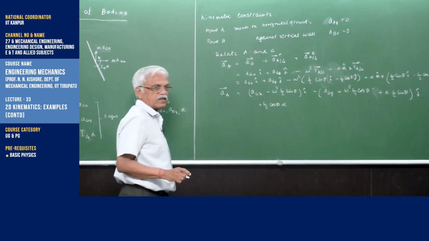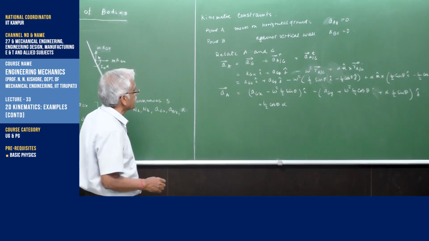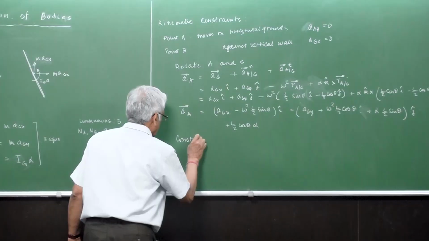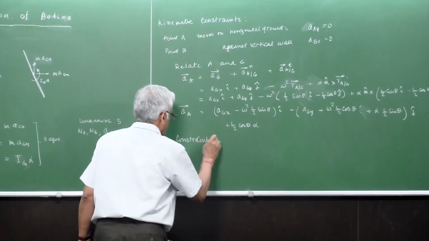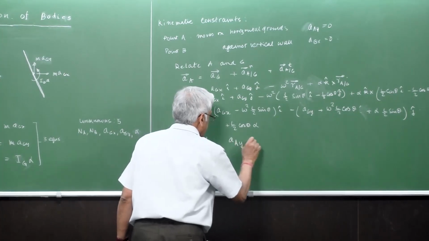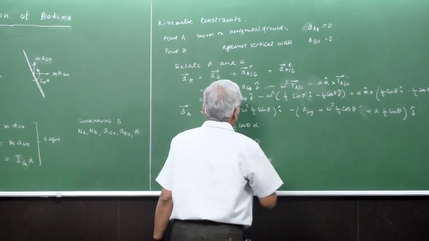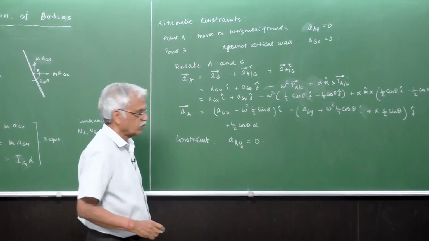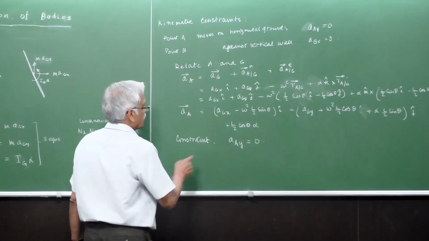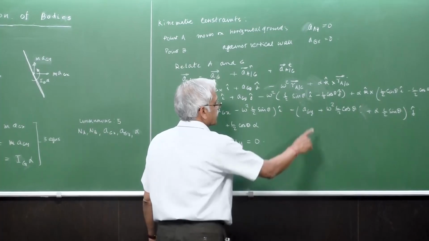So the constraint here is, what is the constraint? Acceleration of A in the y direction is 0, right? Or its jth component is 0, which means that this has to be 0.